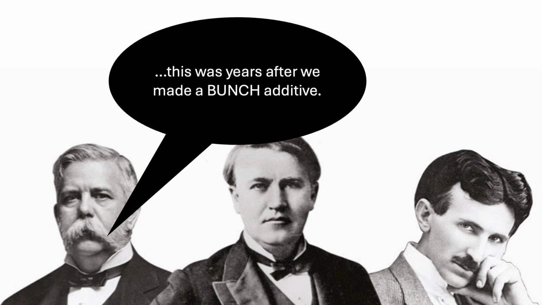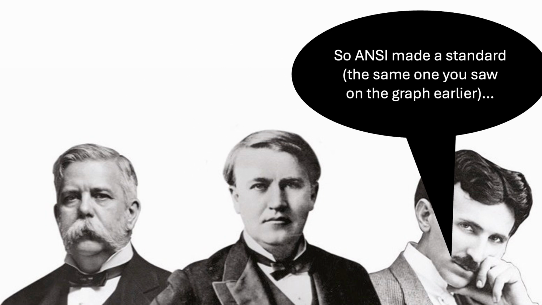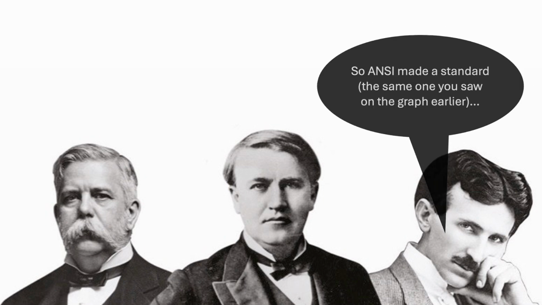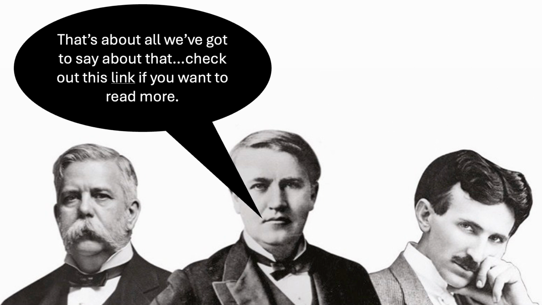And this was years after they had made a bunch of them additive. So, the ANSI group made a standard, the same one you saw on the graph earlier, to limit the production of additive transformers to the smaller sizes, since changing them all out would be unreasonable. And that's really all that we need to cover about the history of this.